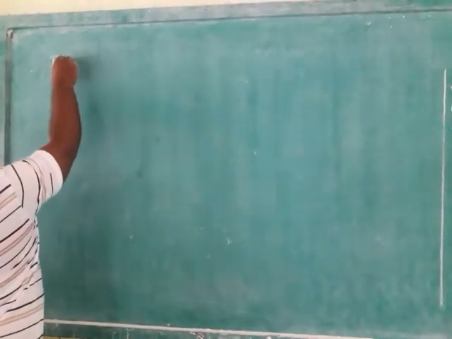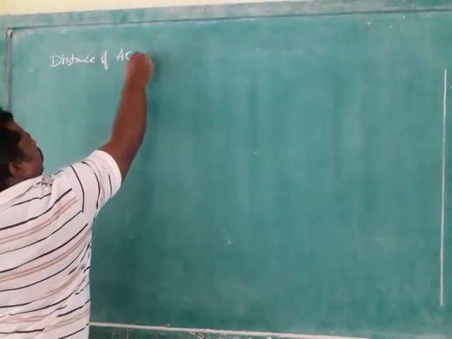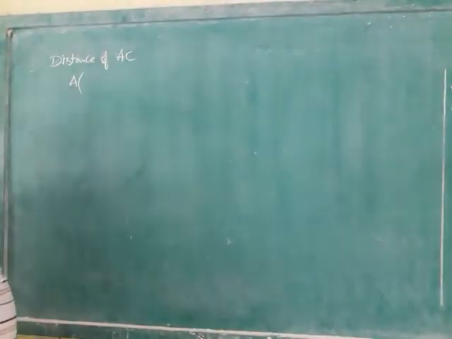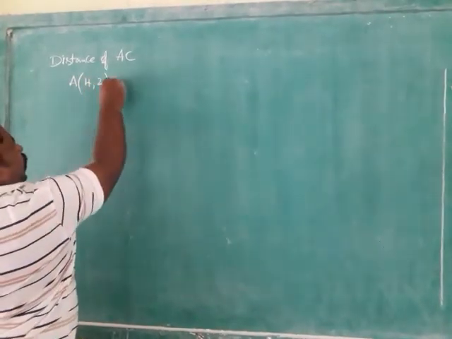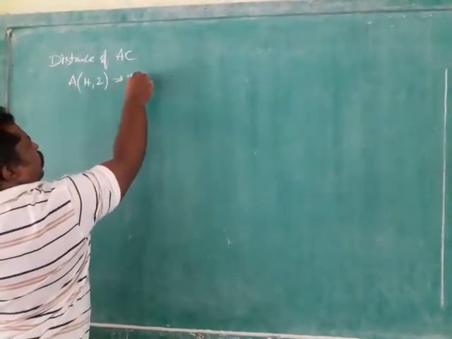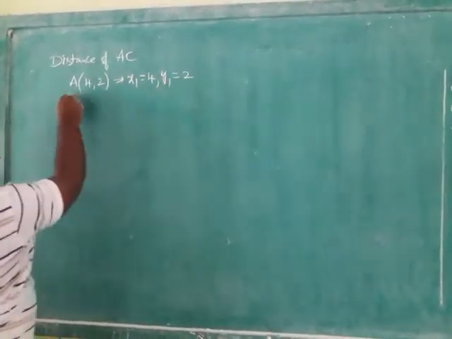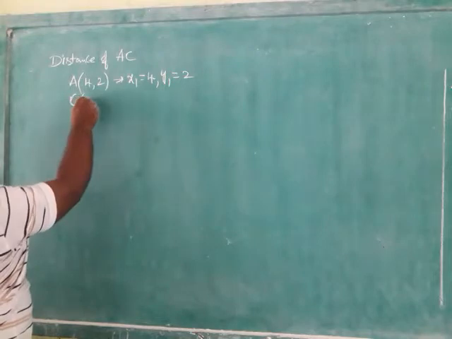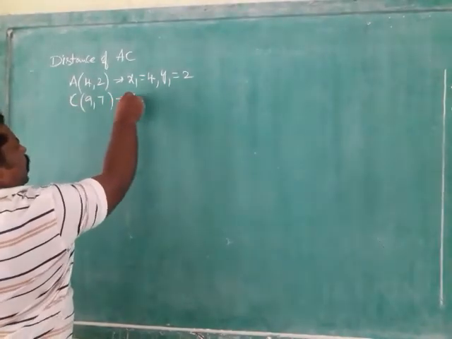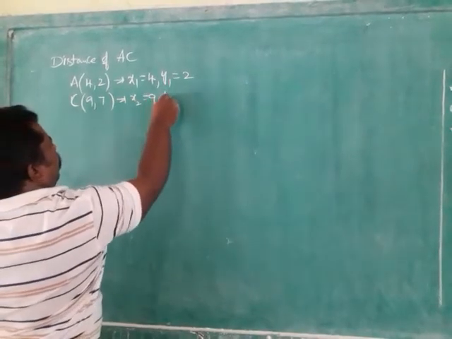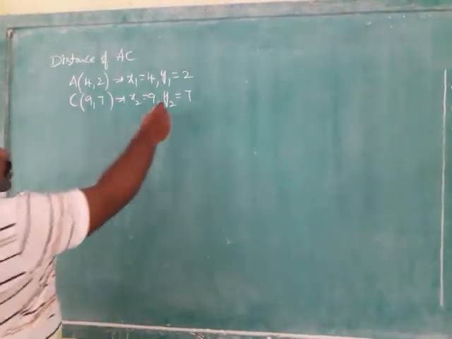The A point is (4, 2), that implies x1 is equal to 4, y1 is equal to 2. The C point is (9, 7), that implies x2 is equal to 9 and y2 is equal to 7.